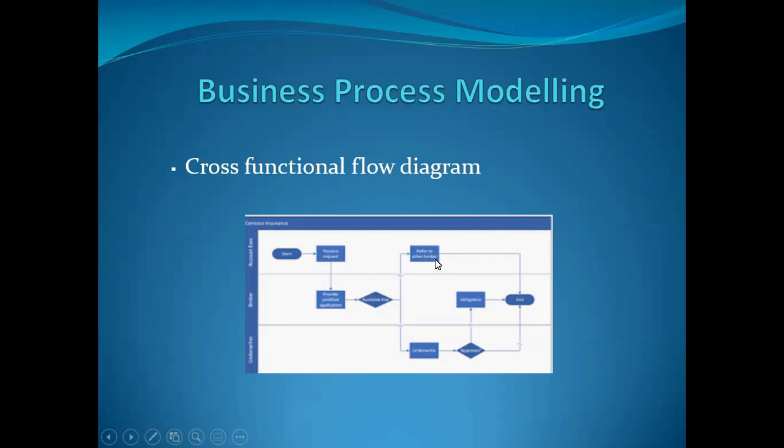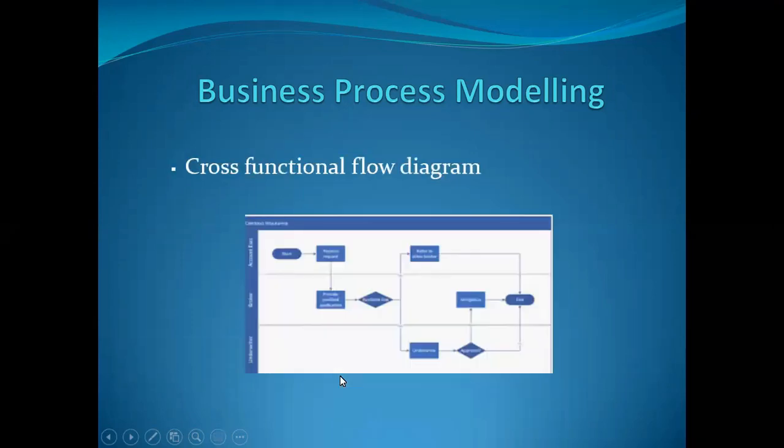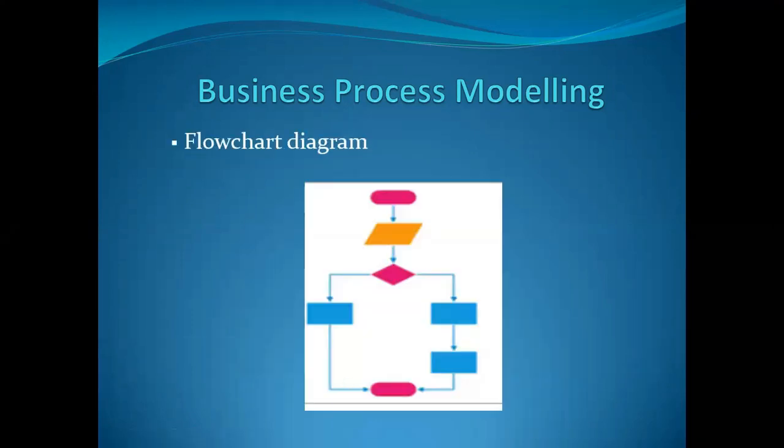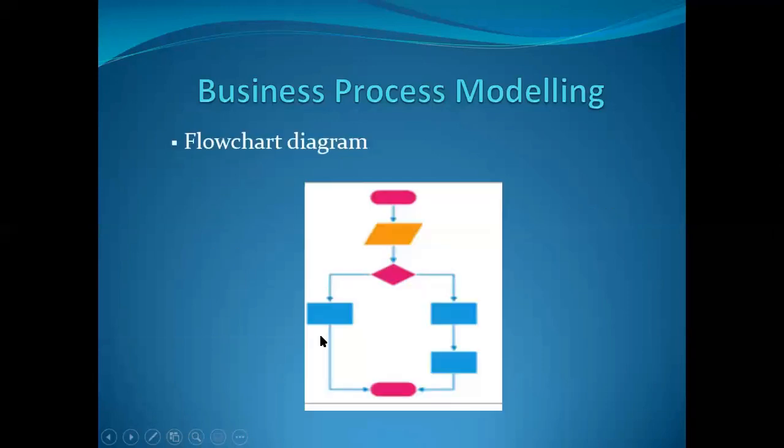This is different from the flow charts, which I'm going to show you. This is a flow chart, which is very common. You can still represent these same activities here, but you will not be able to know who is doing this task, who is doing that task.